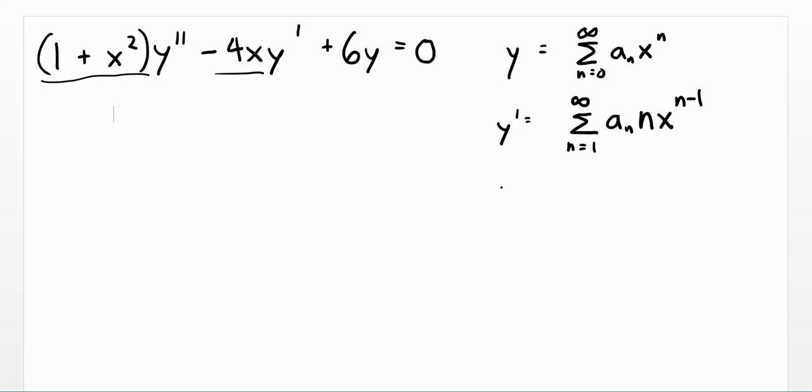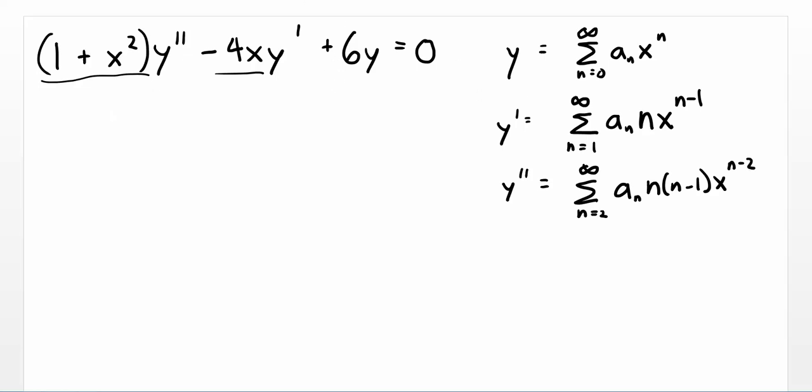And we'll need our second derivative as well. y double prime equals, our index starts at 2 this time, a sub n times n minus 1, x to the n minus 2.